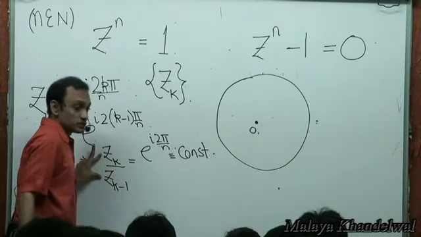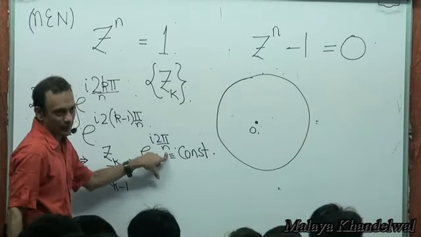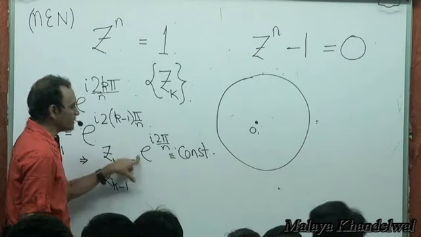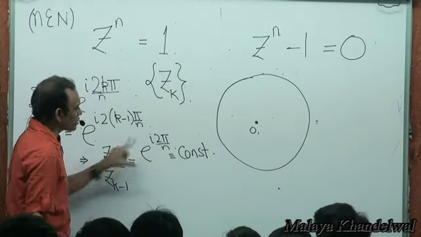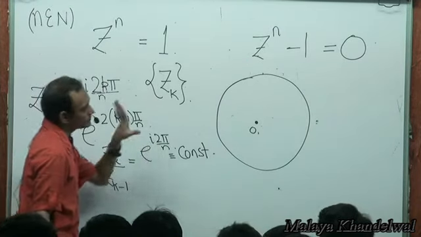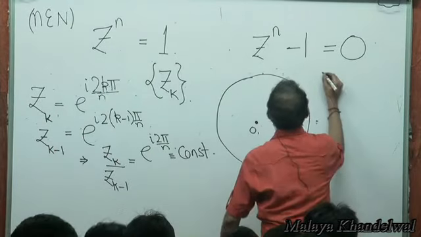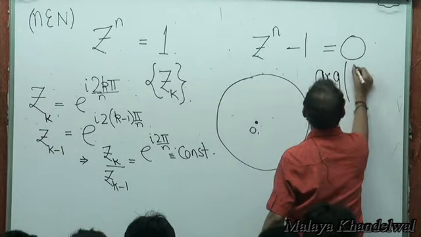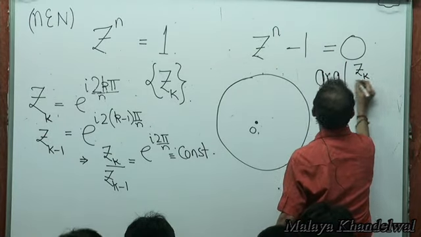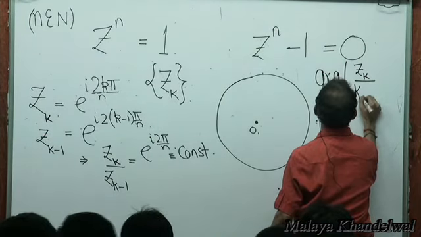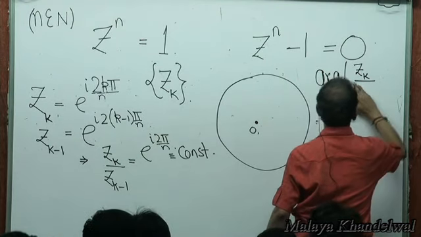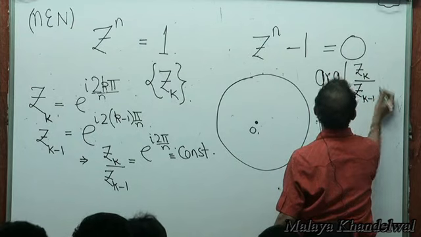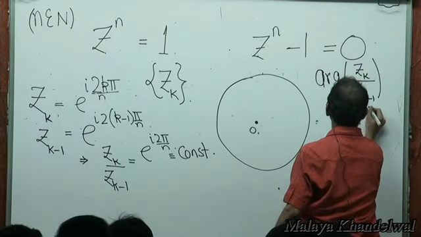Now, zk by zk minus 1 is a complex number which is e power i 2 pi by n. What's the modulus of this complex number? 1. What's the argument of this complex number? 2 pi by n. Right? Which means the argument of zk by zk minus 1, for two consecutive k's, is 2 pi by n.